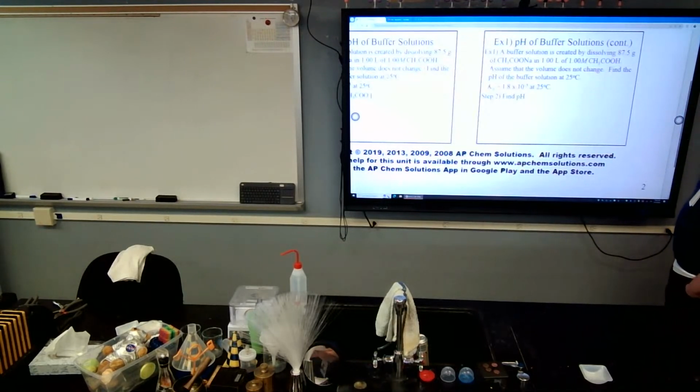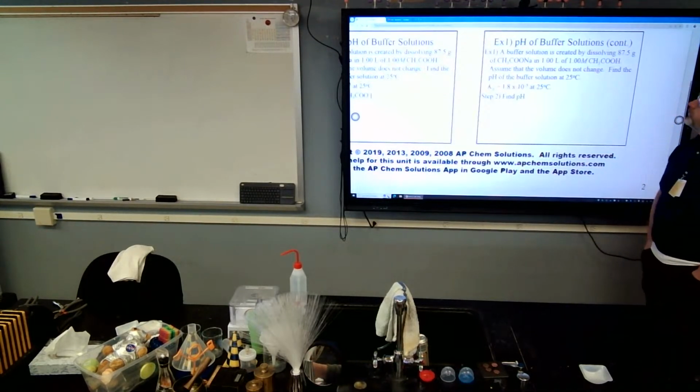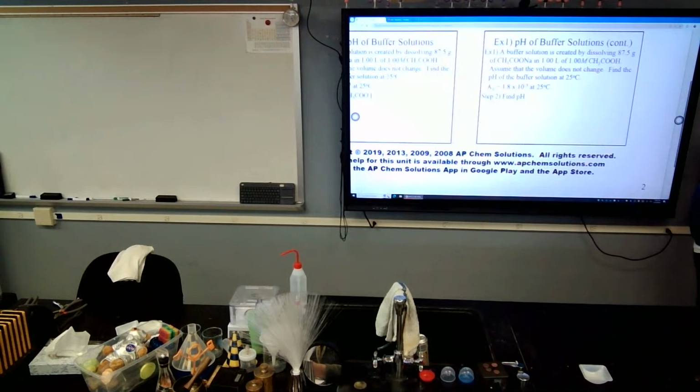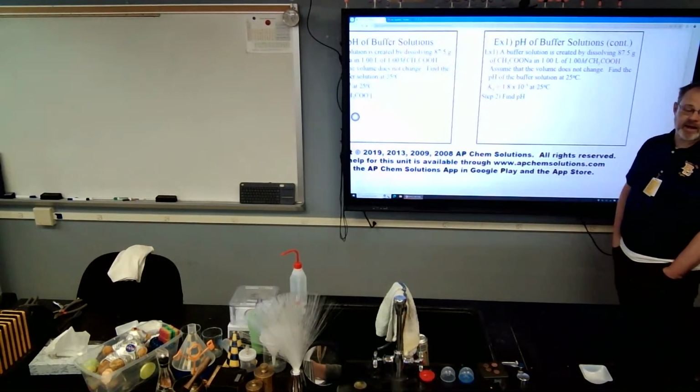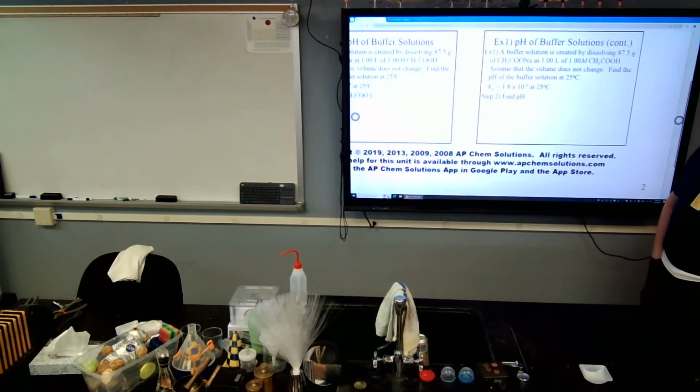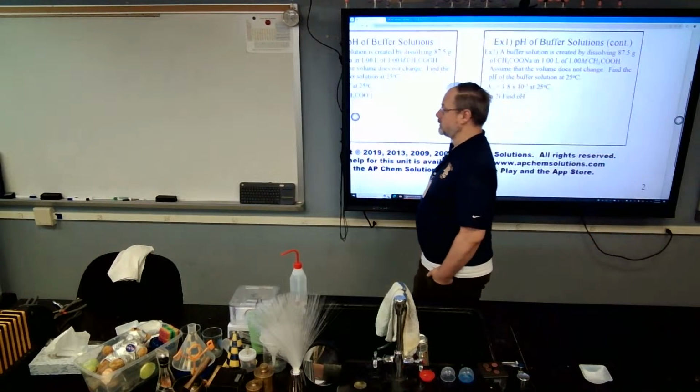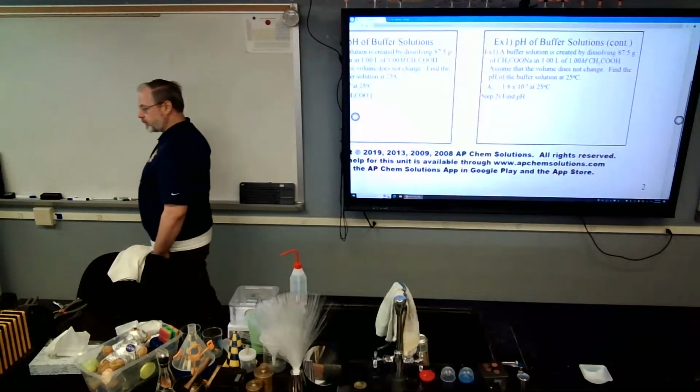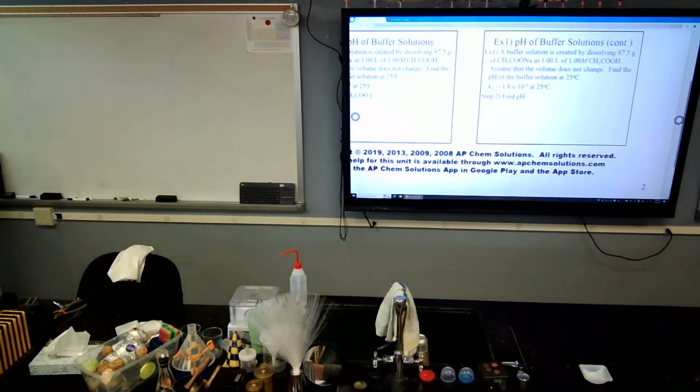So 87.5 grams of sodium acetate is added to 1 liter of 1 molar acetic acid. And we're going to pretend that the volume does not change, which is pretty good because we're adding a solid, it goes into the water. Find the pH. So go ahead and work this one out. If you get hung up, let me know. You want a calculator? I will wait a little bit, but I'll put my work on the board and see if your work equals my work, or is similar to my work.